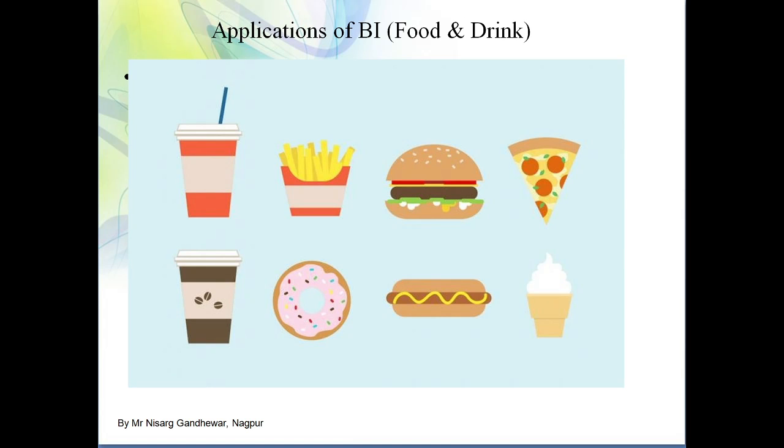Then BI can also be used in food industries, in various restaurants, to see what the demand is for a particular product. Here you can see burger, ice cream, sandwich, and so on. It totally depends on the existing data that you have collected related to customers, and trying to understand the current need, future need, and how to satisfy the customer.